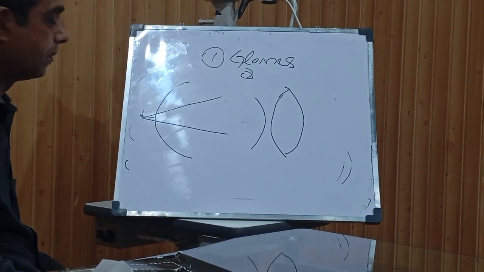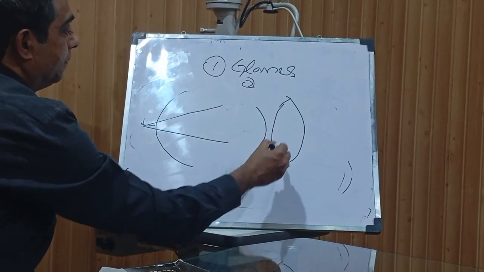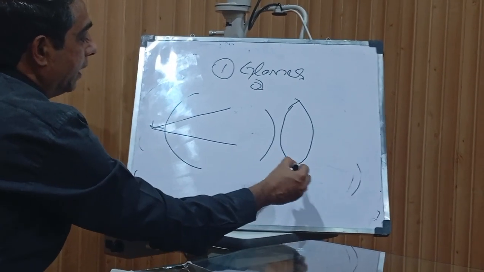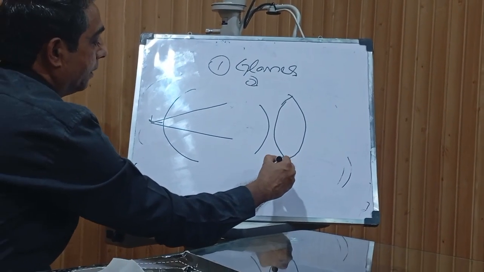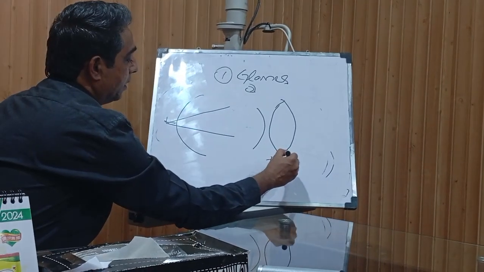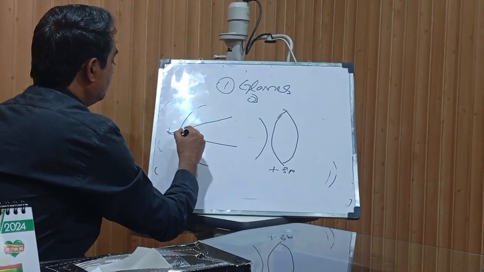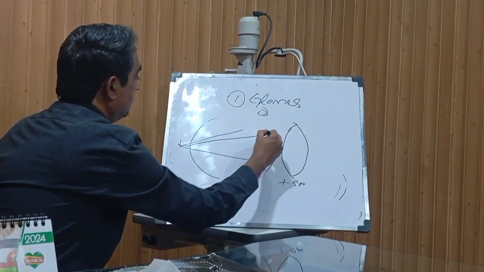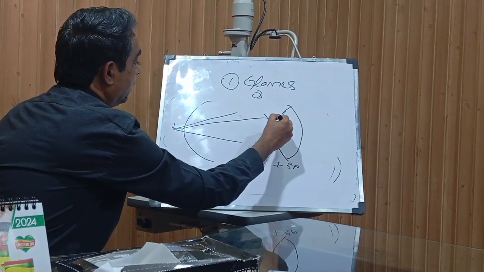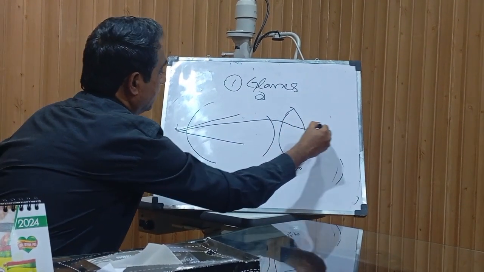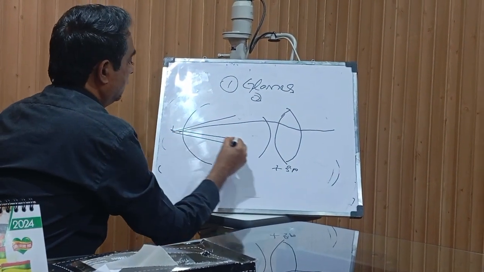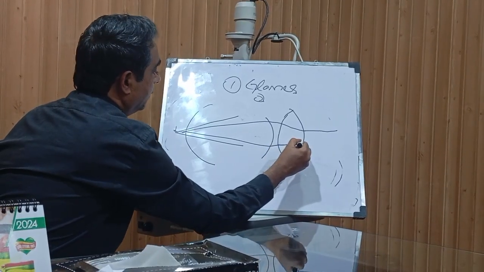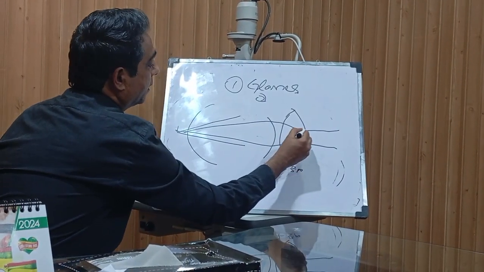समझ आ गई ना? And after calculating it with a retinoscope or autorefractor, for example, it is +3. Then it will become focused on the retina after it has further converged.